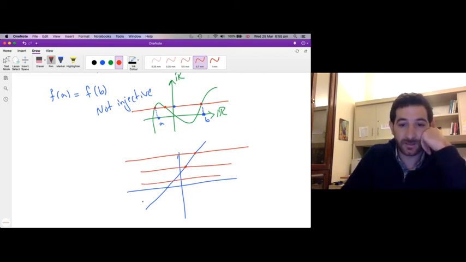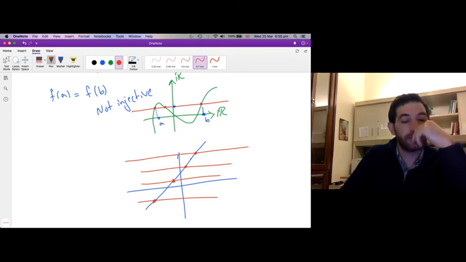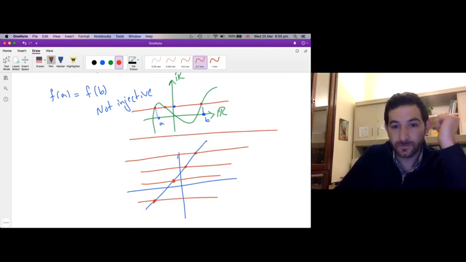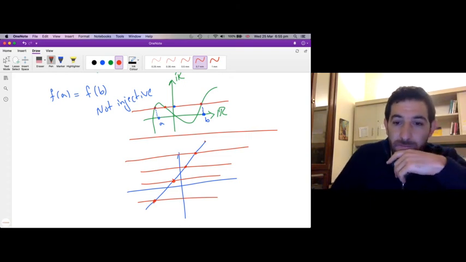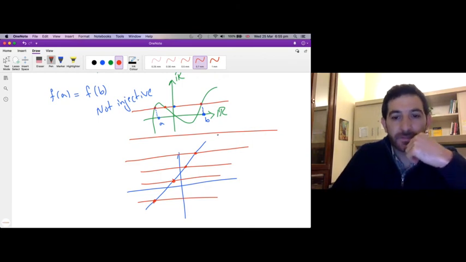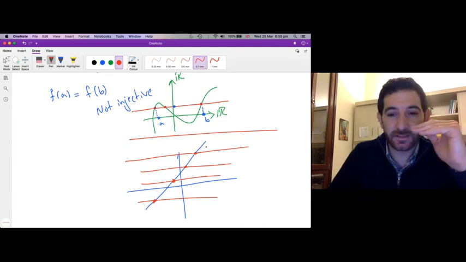So every horizontal line intersects the function exactly once, or at most once. Okay, maybe here it doesn't intersect it at all. This means that the function is injective because every horizontal line intersects the function at most once.